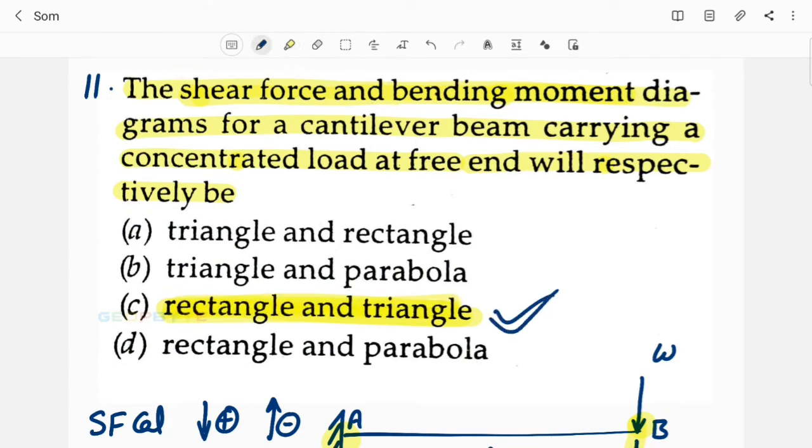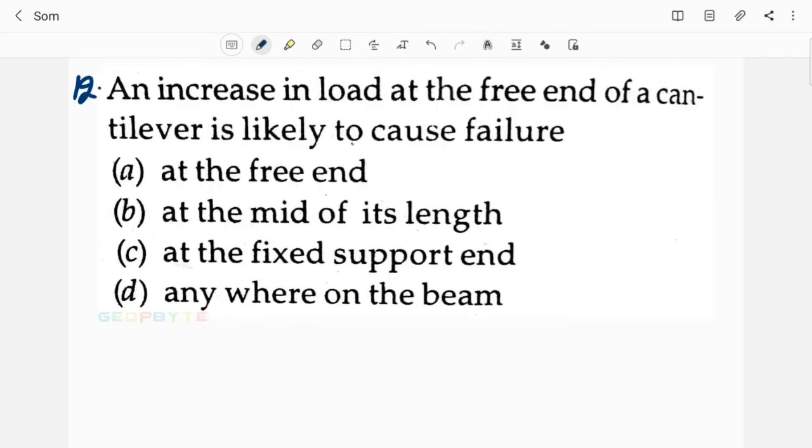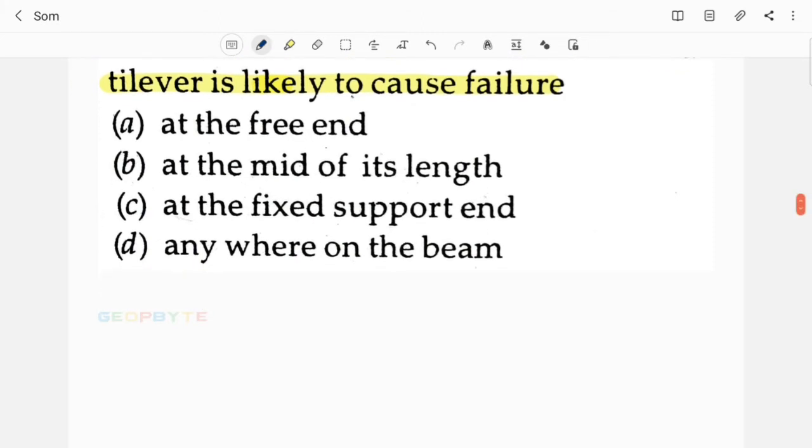Therefore, option C is absolutely correct. I hope you clearly understood. Let us read the next problem. Look at the next problem. An increase in load at the free end of a cantilever is likely to cause failure. It is given that the beam is a cantilever.